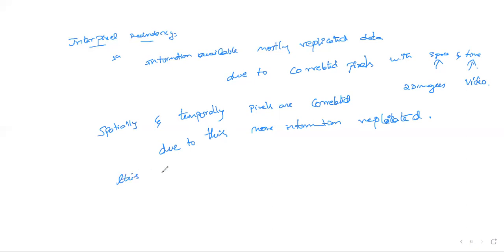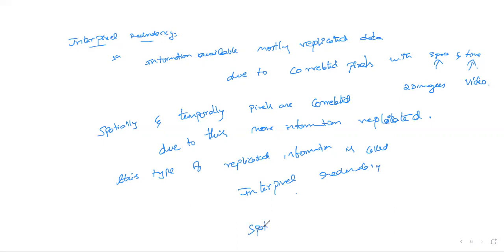So this type of replicated information is called interpixel redundancies. It is also known as spatial and temporal redundancy, because the pixels are correlated with respect to space and time.